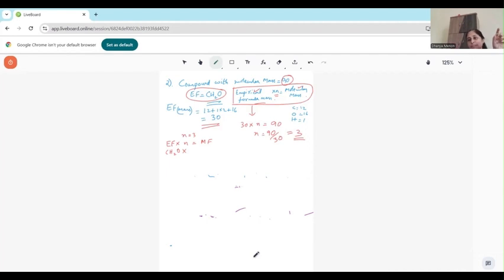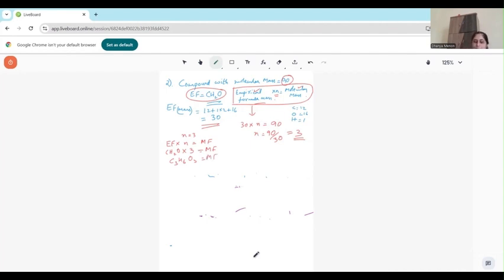If we multiply with a certain number N, it will give you the actual number of atoms. So that number is this 3. Times 3 will give you the molecular formula, which is nothing but C3H6O3.